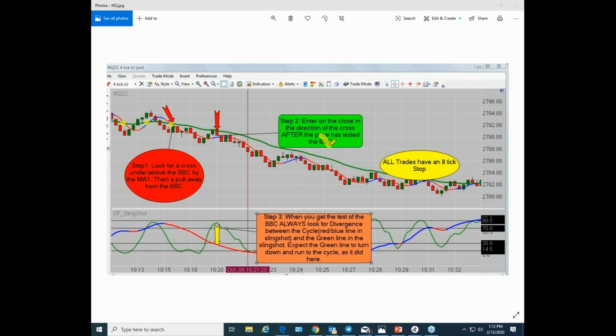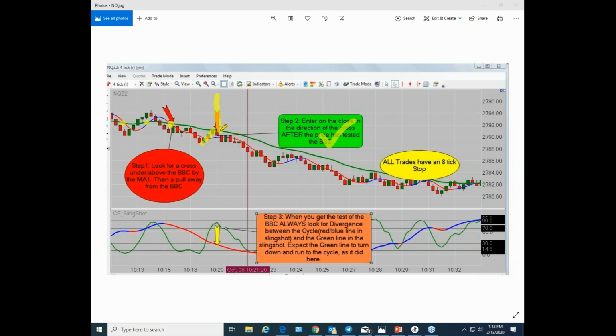That leads us into step number 2. After the cross, the normal thing for the market to do is to gravitate toward that green line of the BBC. That's what we're looking for. Not only are we looking for the market to gravitate toward the BBC, we're looking for it to touch it and then close in the direction of the trend.